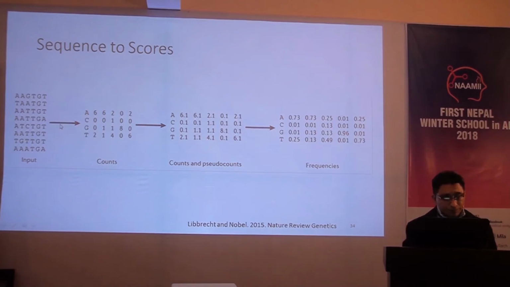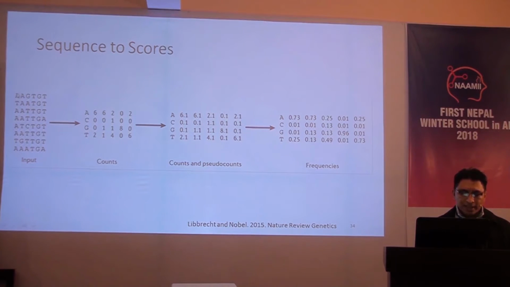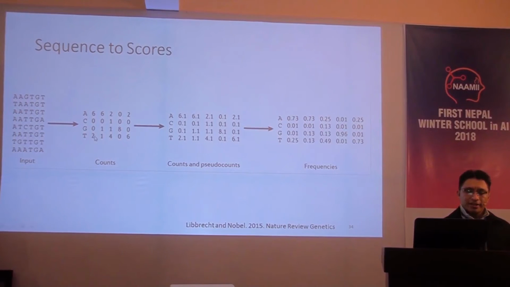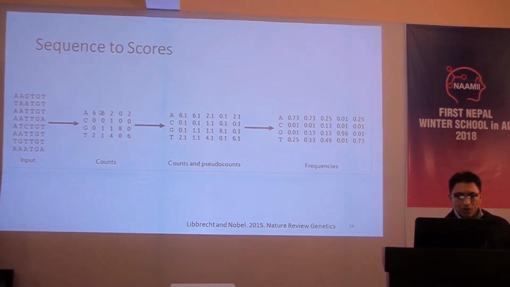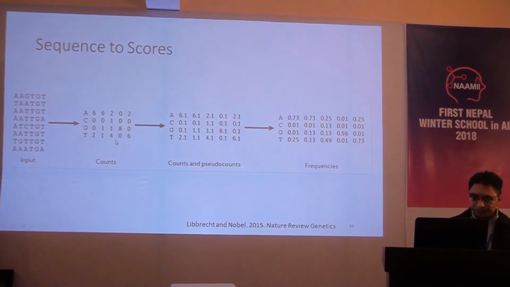And then for each column, you can count the number of A's. So say for the first column here, there are 6 A's. There are no C's, so there are 0. G's are 0, and there are 2 T's. And so on, for each column, you can count the number of A's, C's, T's, and G's.